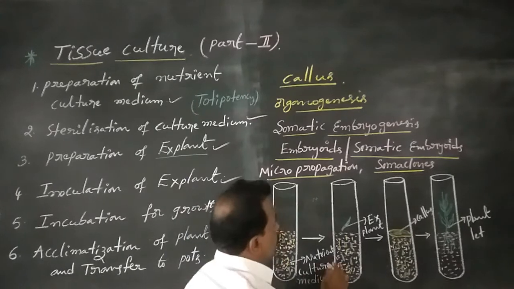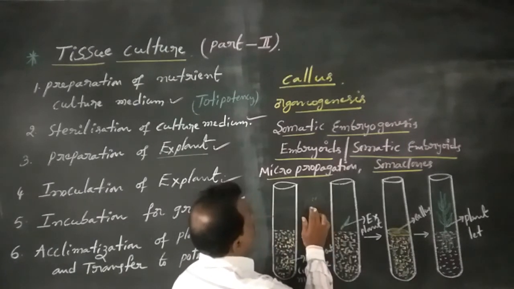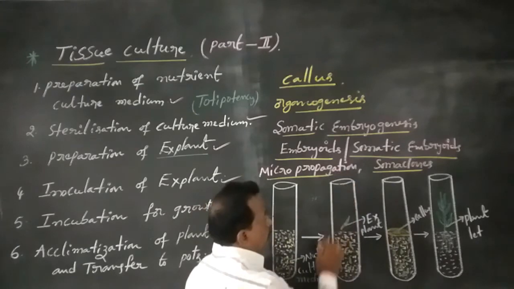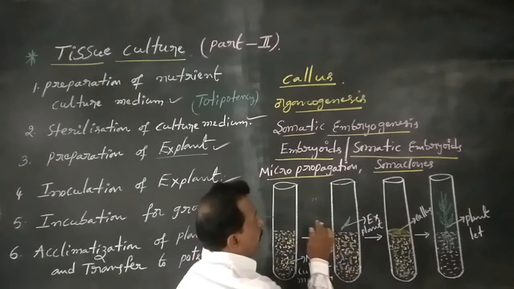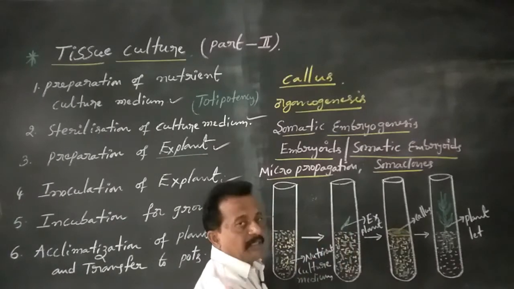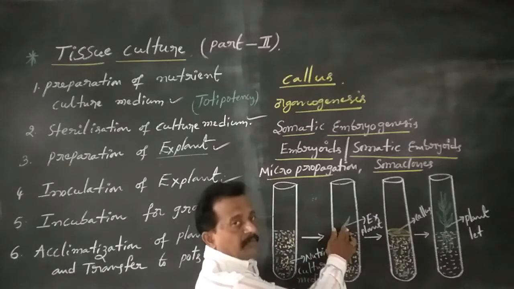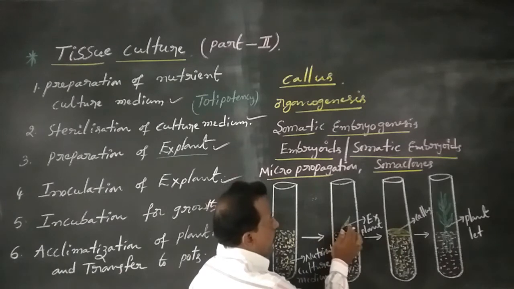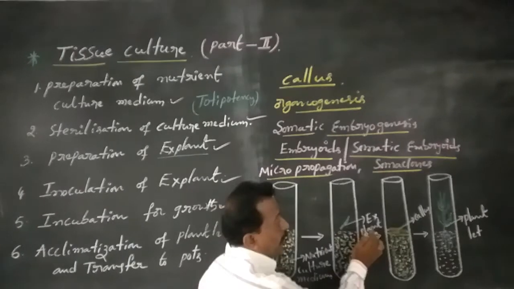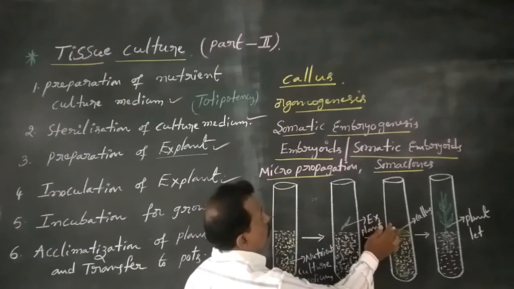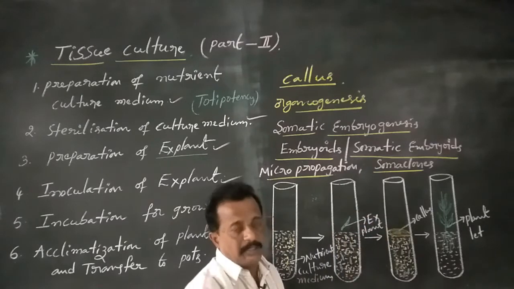A part of any plant body, such as a leaf, is taken out. That is an explant. This explant of leaf or any plant cell is incubated for growth for 3 to 4 months.